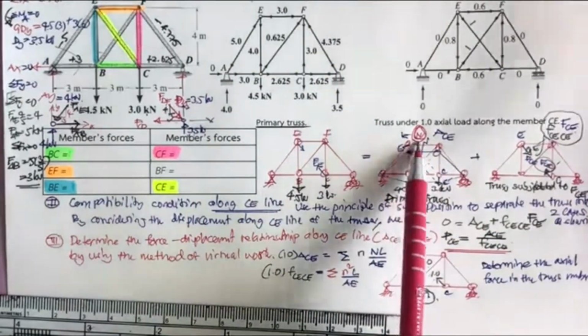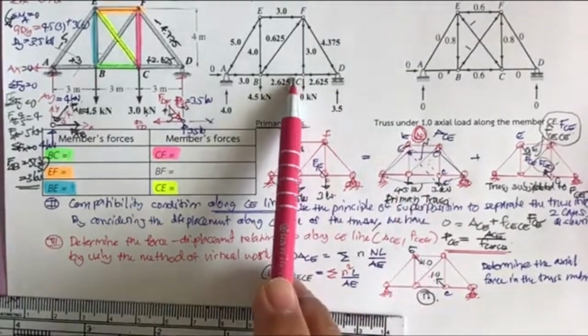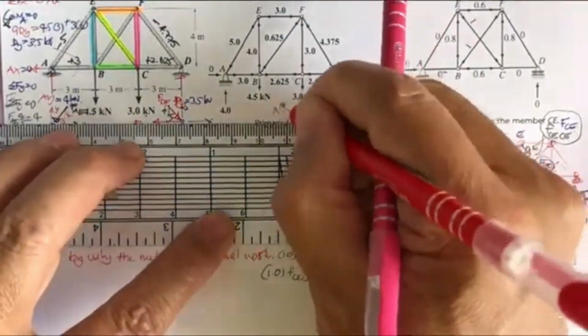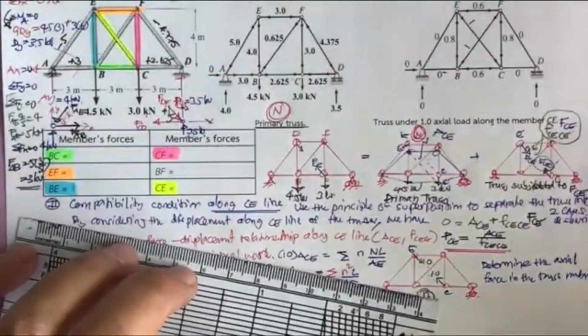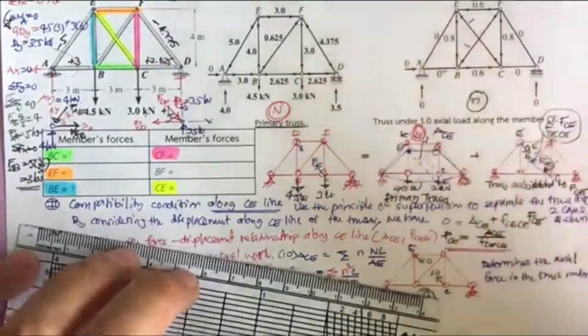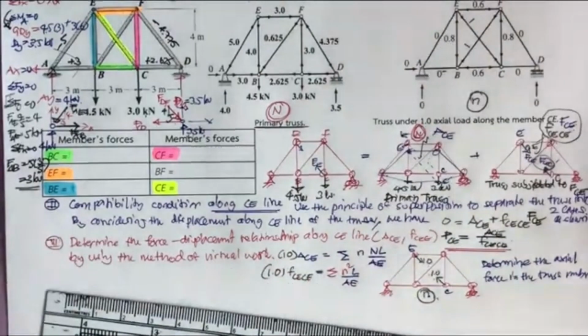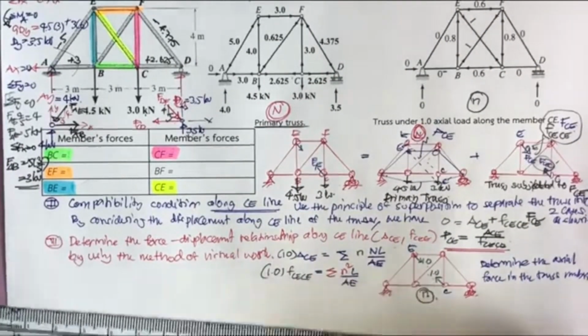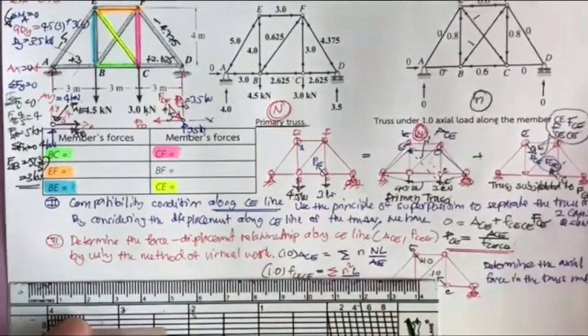The problem gives us the capital N already here. So this is going to be the internal force N, and this is going to be the internal force small n. So now we have to set up the table to compute what we should have here.